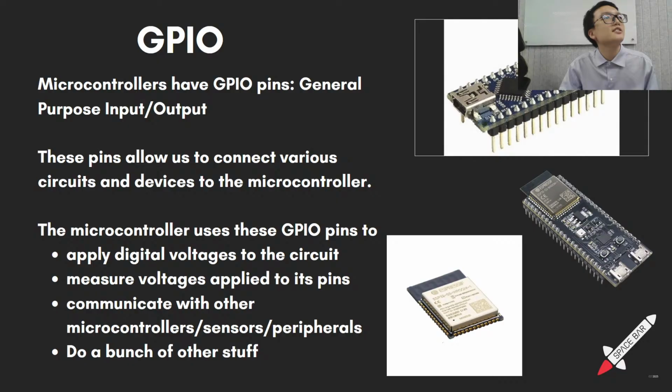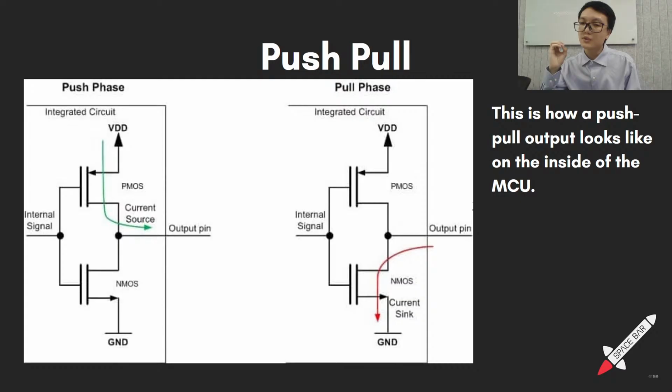So push pull is basically used when you require a higher current drain. Okay, let me explain. So this is our output pin. This can either go high or low. When it goes high, this transistor would turn on and this transistor would turn off.